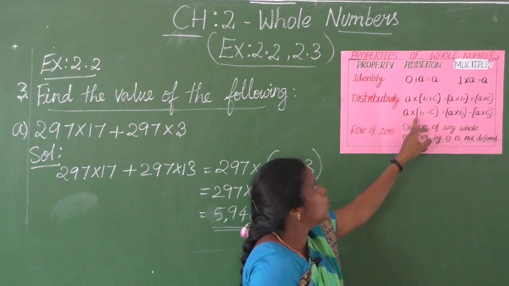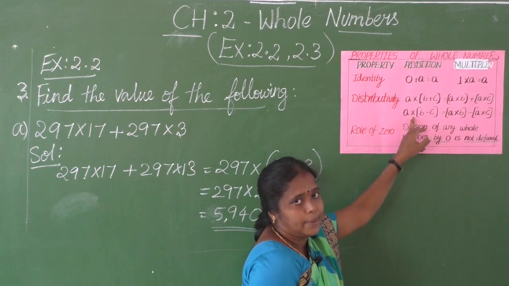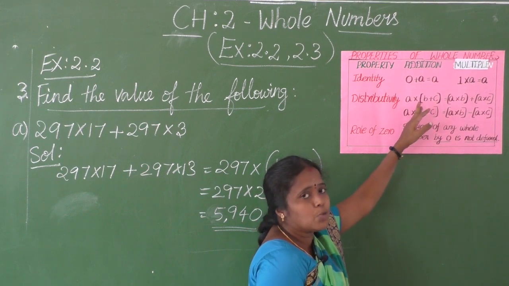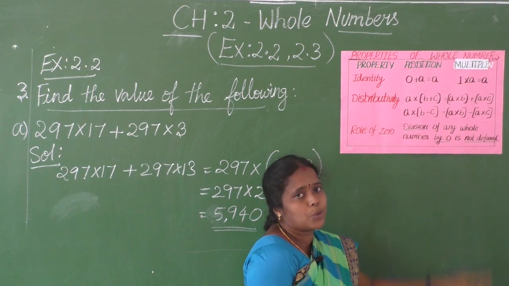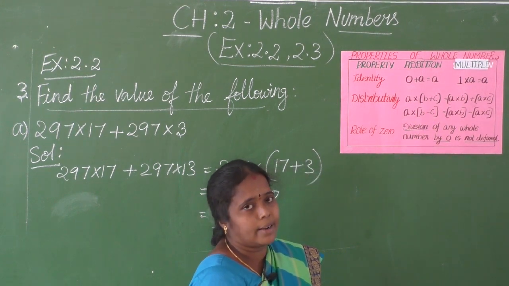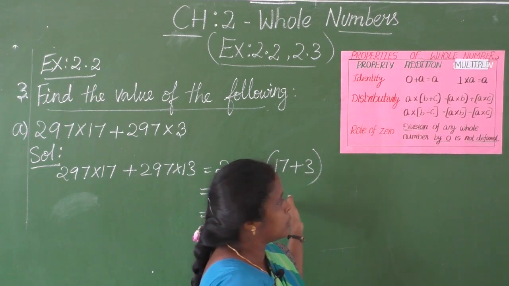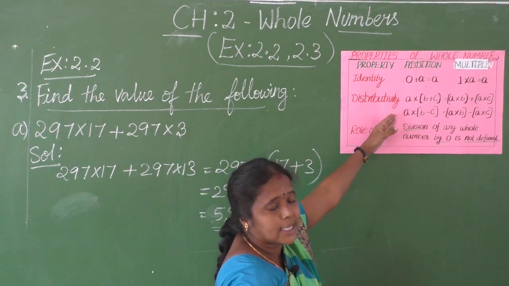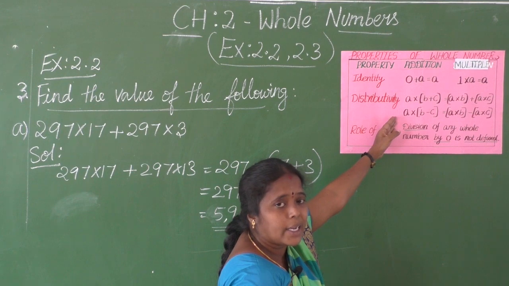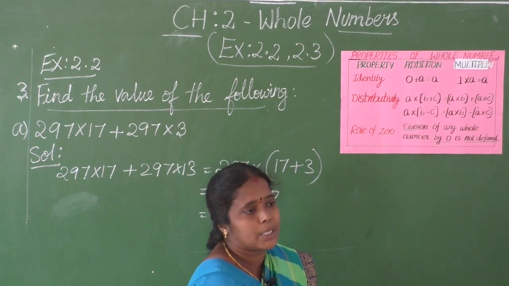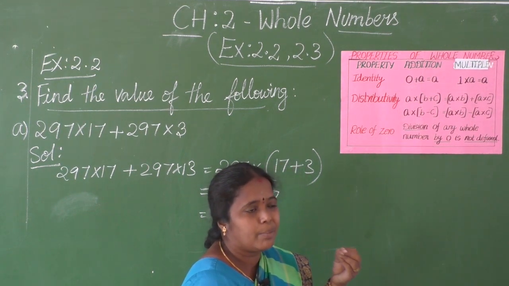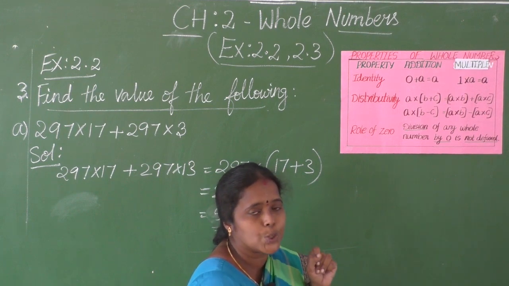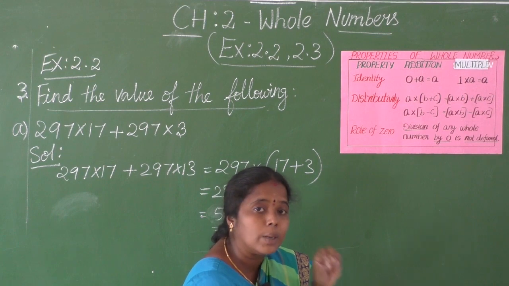Using this property we are going to solve the sums. For any three whole numbers A, B, C, A may be 10, B may be 5, C may be 100, whatever it may be, we can choose A, B, C values in the whole number category.